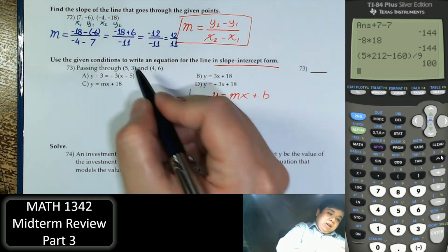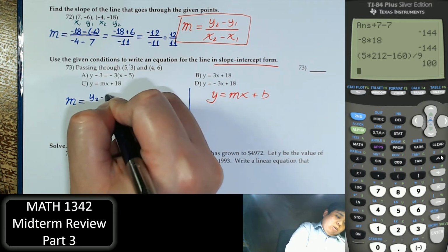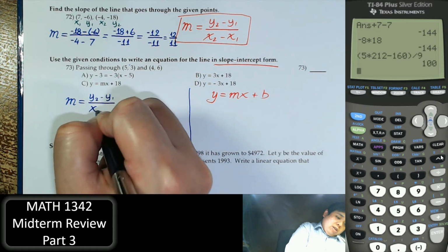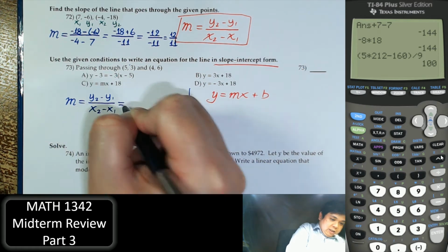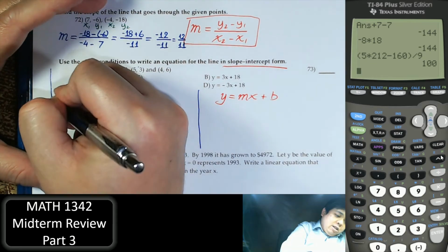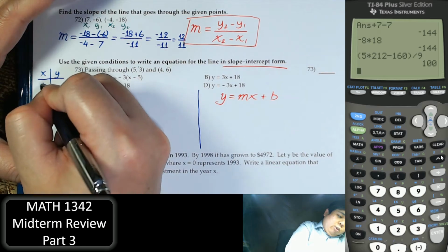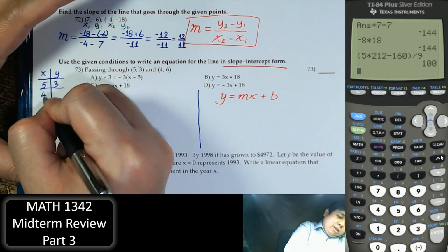Next, we do the same thing, having 2 points. Slope is y2 minus y1 over x2 minus x1. By the way, let's just try to organize here. We have 2 points, 5 and 3, 4 and 6.